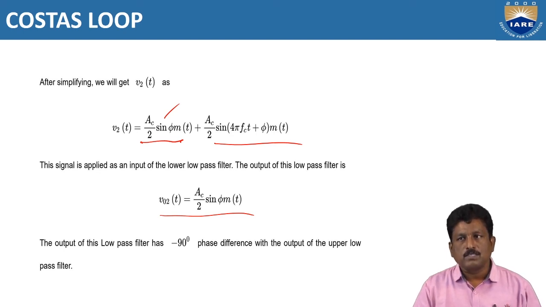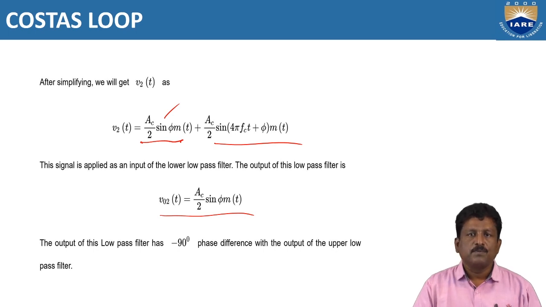Then we can retrieve the original maximum modulating signal, that is Ac/2 m(t) only. That is the main advantage: automatic loop action in the Costas loop to maintain phi equal to 0. Whereas in the coherent detector, you have to maintain the phi value manually. That is the difference between the coherent detector and the Costas loop.